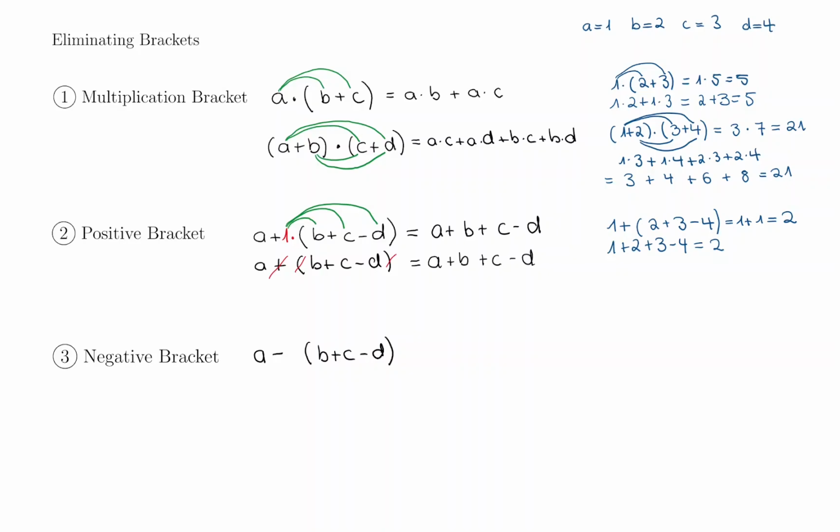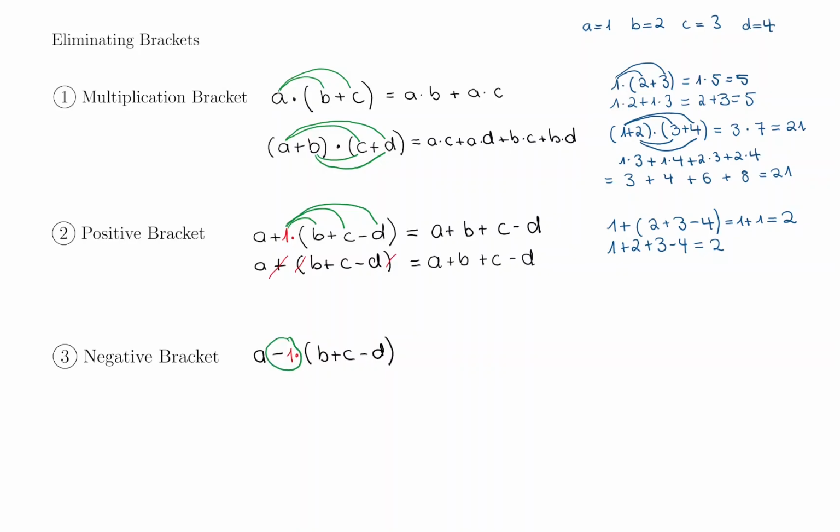We can do the same as we did with the positive bracket. We could use this little trick. So we put a 1 times in front of it, and then adjust the same rule. But here, now our A, here we use this whole minus 1.